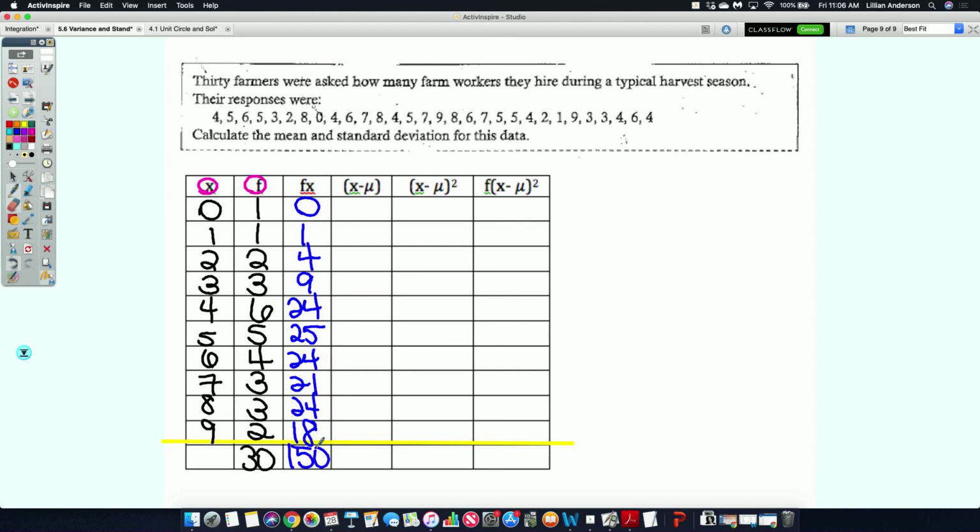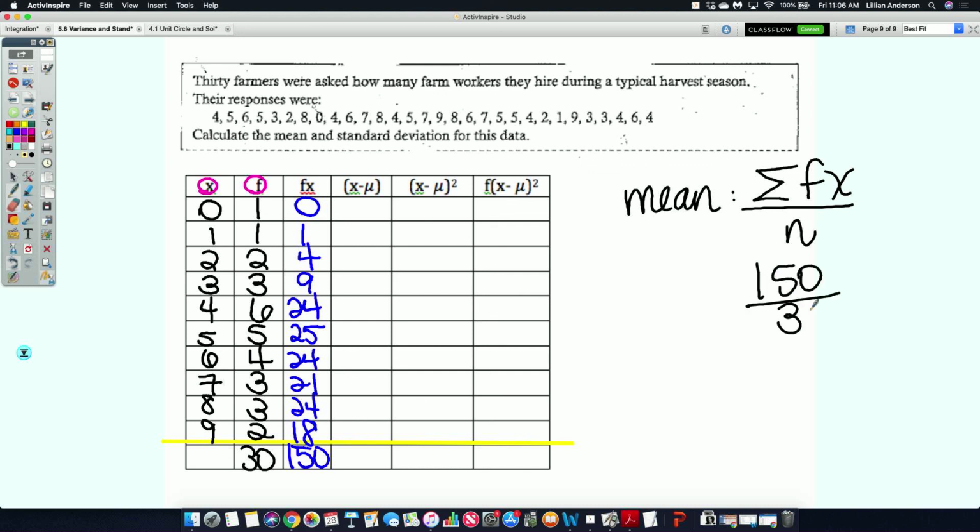So then to find my mean, I would take the sum of all of my frequencies times my x values and divide it by my total number of frequencies. So that's 150 divided by 30, and my mean is 5. So the average number of workers hired during the typical harvest season would be 5 people, or 5 workers.